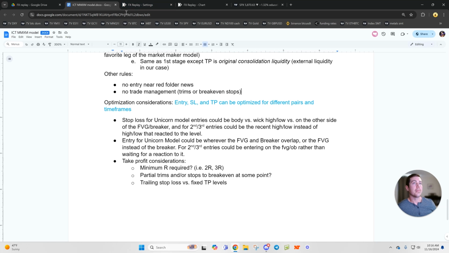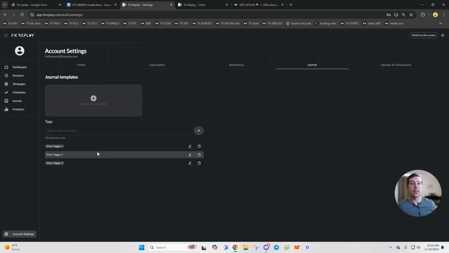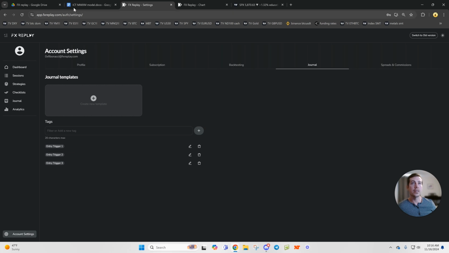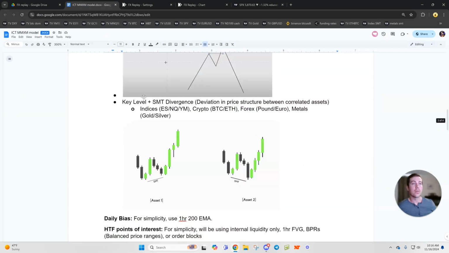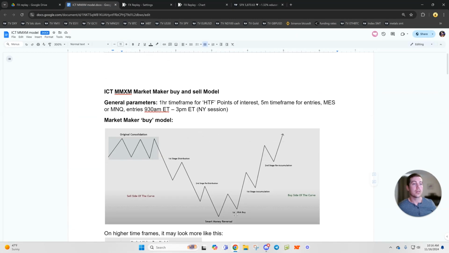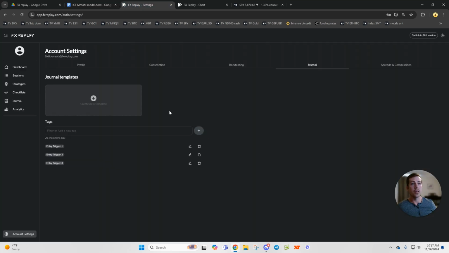So I do want to show, I'm going to be using these tags for the three different entry triggers. Entry trigger 1 will be these low risk buys or sells. Entry trigger 2 will be first stage accumulations, and the second stage will be entry trigger 3. In your account settings, in the journal tab, you can come in here and add tags, and this helps you filter the analytics later on by the different entry triggers.